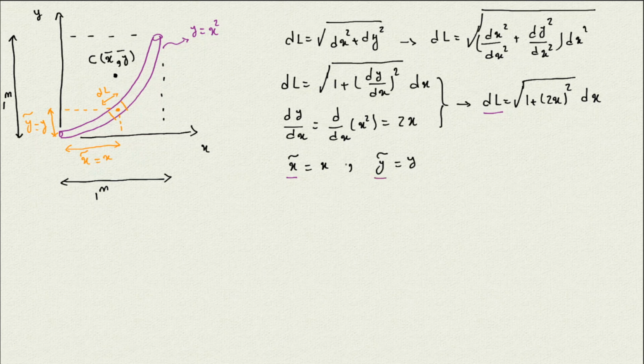I can go ahead, but one thing I have to do is that everything I have here has to be a function of x, so I also have to change this one as a function of x. So I'm going to replace y with x squared, so also this one is going to be a function of x. So everything is now going to be a function of x.